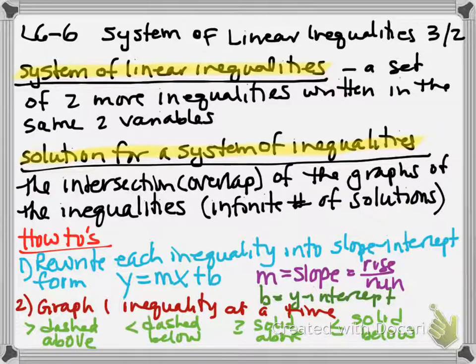Now, we had talked about when we were just doing a single linear inequality, something that you needed to do to ensure that you shaded the right direction. So what did we tell you to do? What do we say?